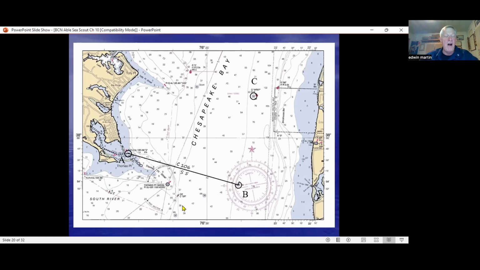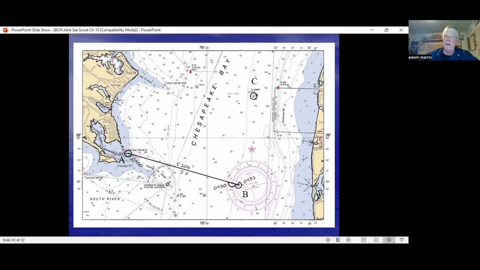At 5 knots, you're traveling 2.5 nautical miles. So there's your DR plot for your 30-minute at 0930. Using the time, speed, and distance, we determined that we're going to be at point B at 0931.